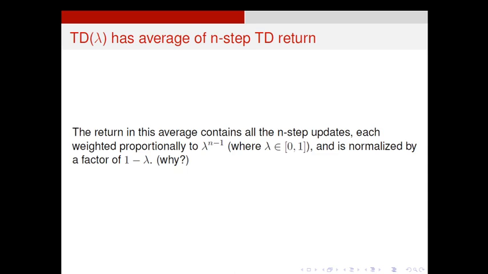So TD lambda has an average of n-step TD returns. That is the main highlighted theme of this session. What is TD lambda? TD lambda has a return, but that return is not the usual return. What is the difference? It is an average of n-step TD returns. In the last session we saw how to generate the n-step TD return.